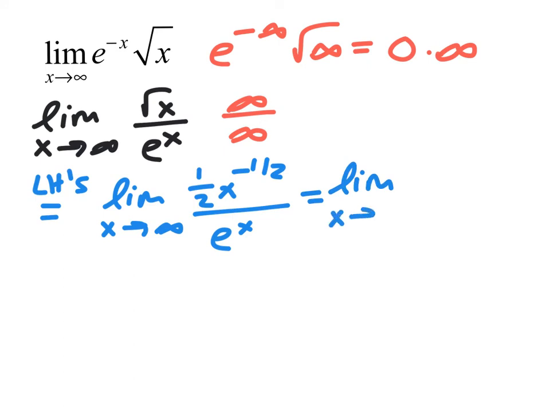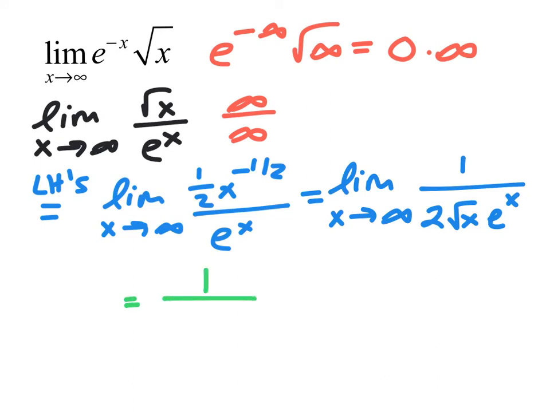So I have the limit as x is approaching infinity of 1 over, moving the 2 down as well, 2 root x e to the x. And now if I go back and plug in my infinity, I have 1 over 2 times infinity times e to the infinity. Well, all of that in the denominator just becomes infinity, and any number divided by infinity goes to 0.